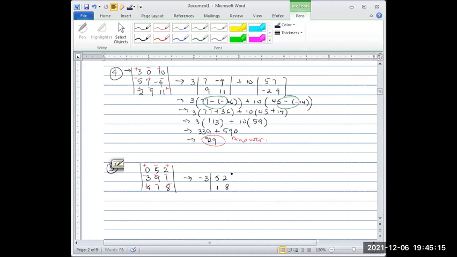I'm going to press pause right here and see if you agree with me. Yes, sir. Good. And then this is going to be +4. And that is going to be 5291. All right.